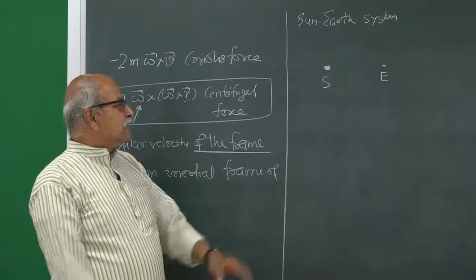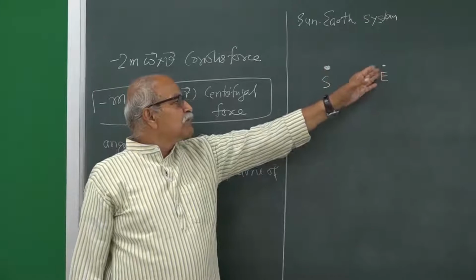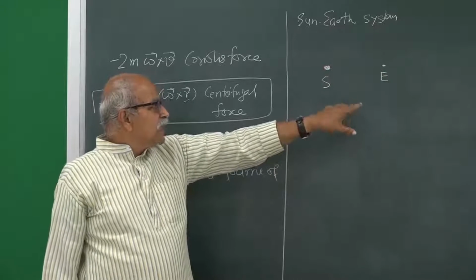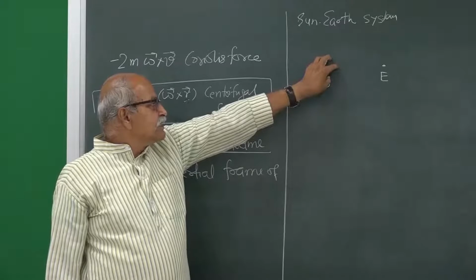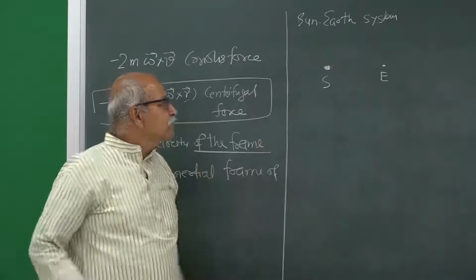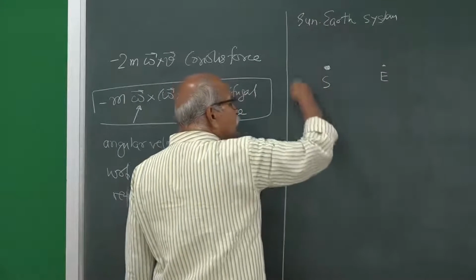Even if you consider the finite mass of the sun, this two body problem can be reduced to one body problem, and you can always assume that the center of force is fixed in inertial frame, and this orbit is almost circular.